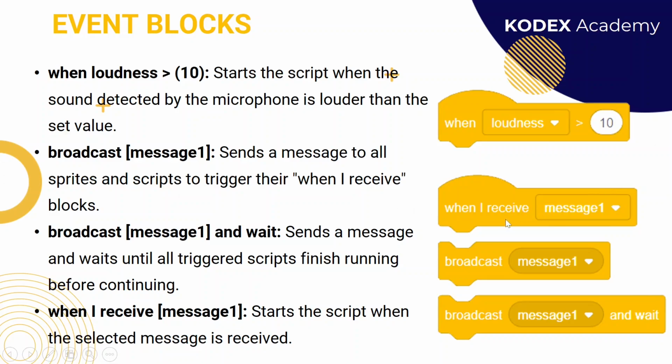Suppose when I receive hello from the cat, then I broadcast the message hello cat back to the other sprite. So these two command blocks are correlated with each other.